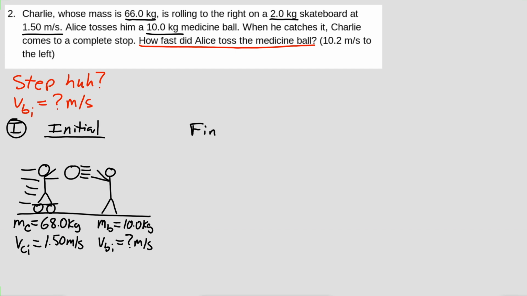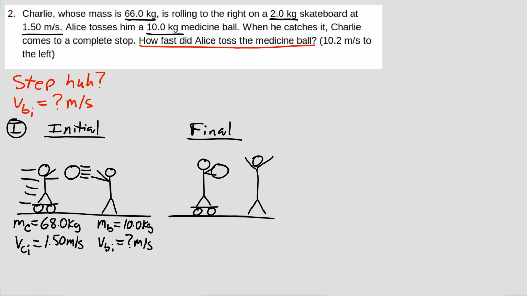So what is happening at the end of this situation? We have a skateboard. Charlie is on the skateboard. He's now holding the medicine ball. And Alice is probably still there. She's very happy about everything that's happened so far. So the mass.